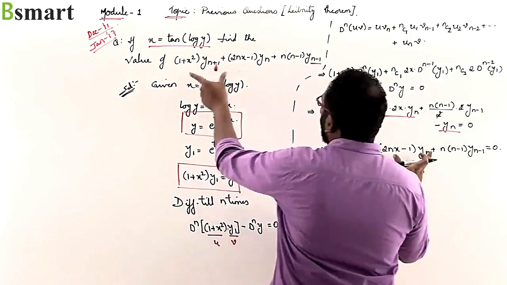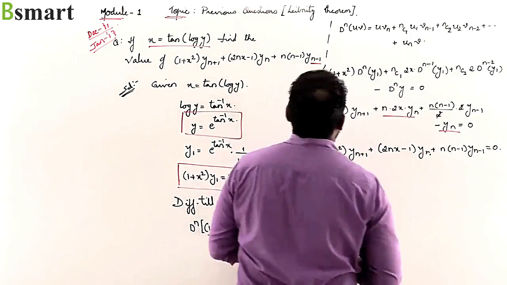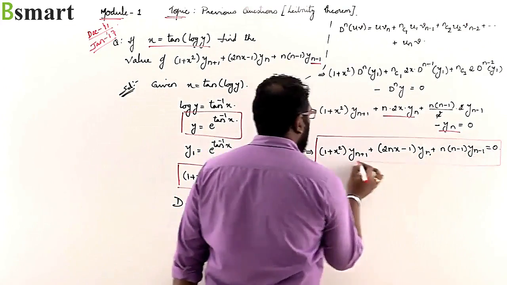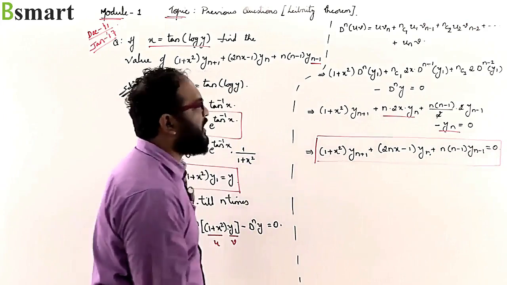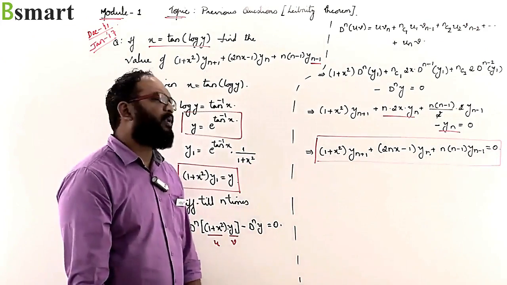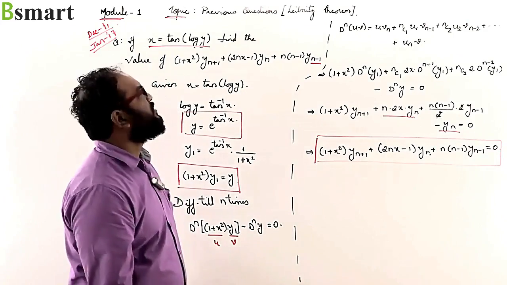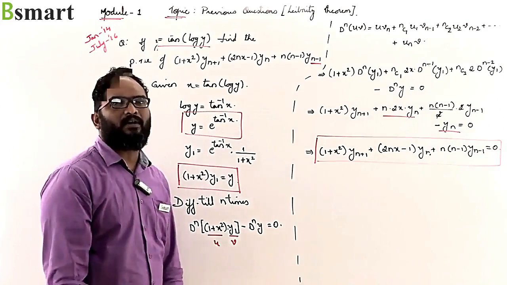So this is what he asked us to find. The value of 1 plus x square into yn plus 1, plus 2nx minus 1 into yn, plus n into n minus 1 into yn minus 1 is 0. So that is our required value.